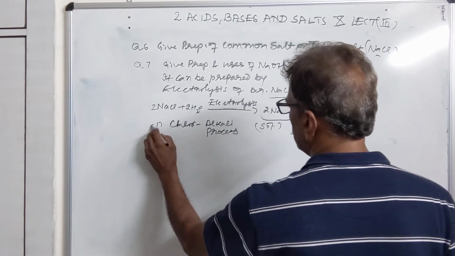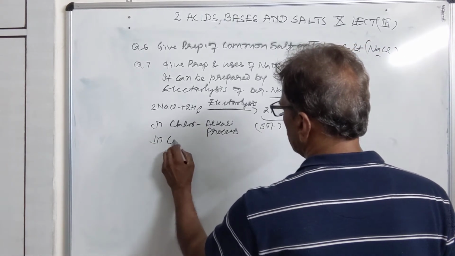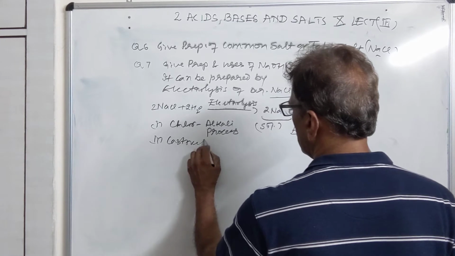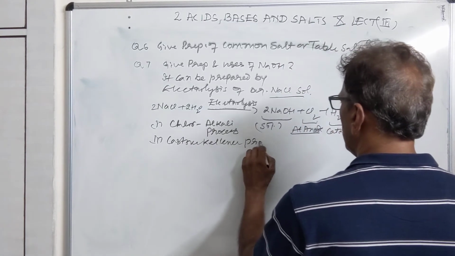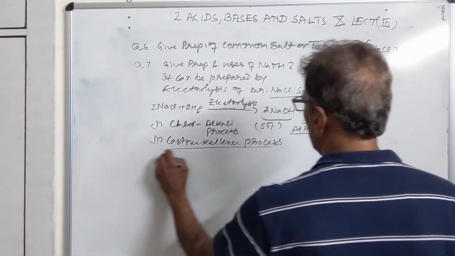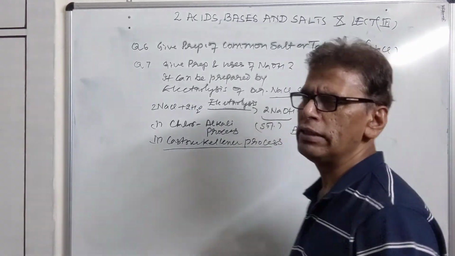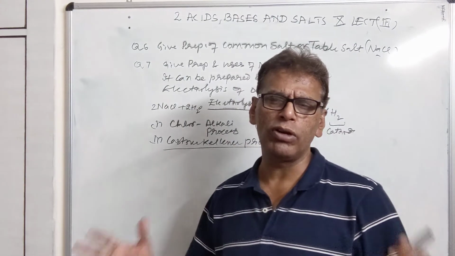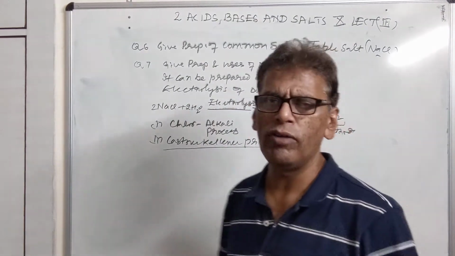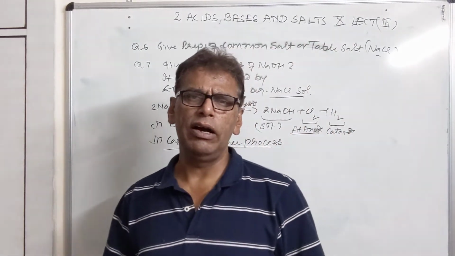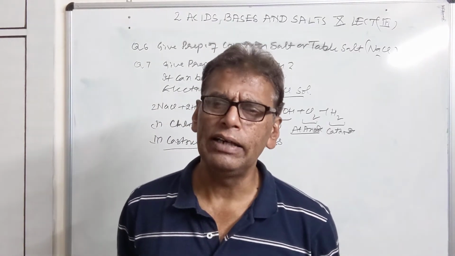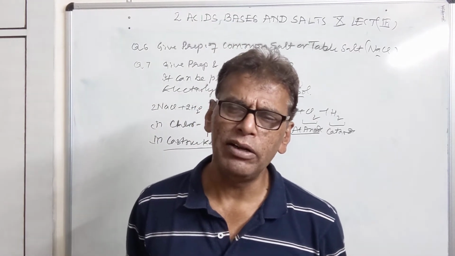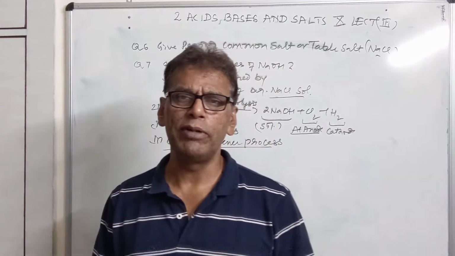There is another process used for this, that is called as Castner-Kellner process, where NaCl is electrolyzed in three compartment cells, where the outer compartments contain solution of NaCl which is ionized, and Na comes in contact with mercury which acts as a cathode in the outer compartment, produces sodium amalgam.